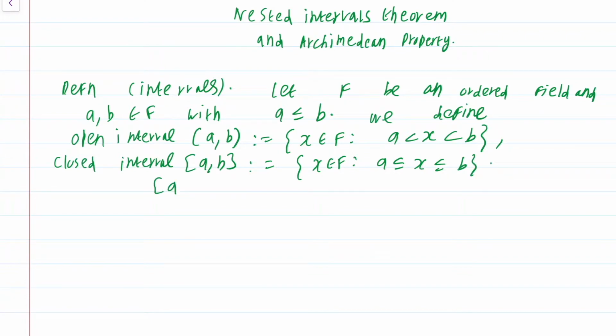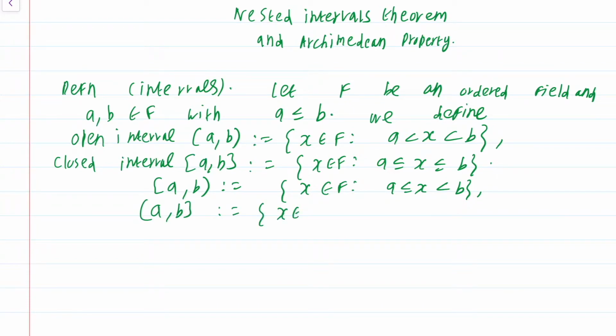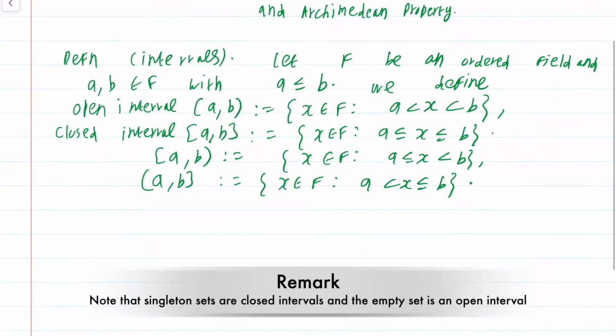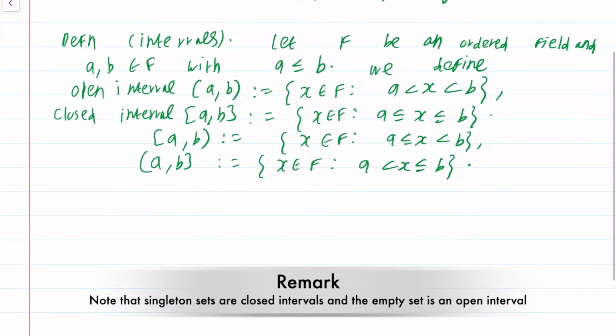Then we also have these half open half closed type intervals. This is x in F such that a is less than or equal to x less than b, and (a, b] is x in F such that a is less than x but less than or equal to b. So the first one is called the open interval, the second one is called the closed interval.